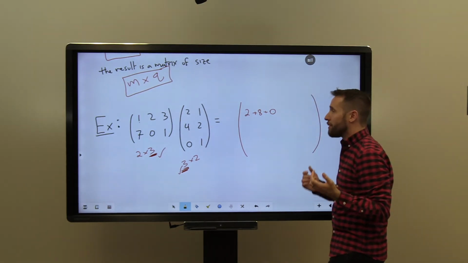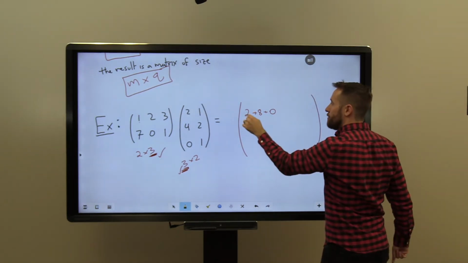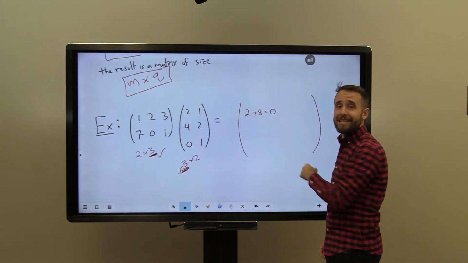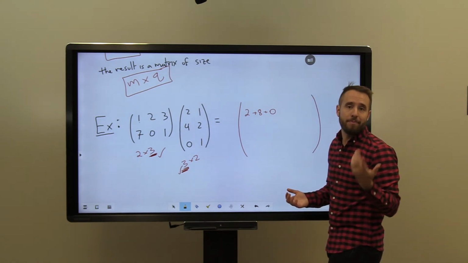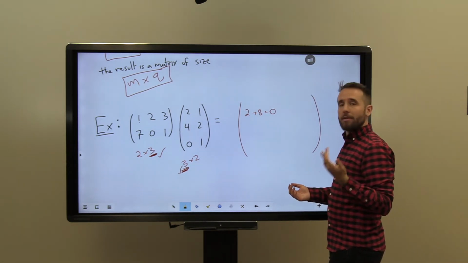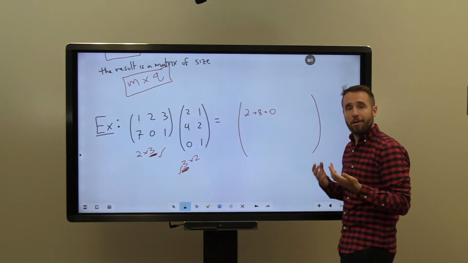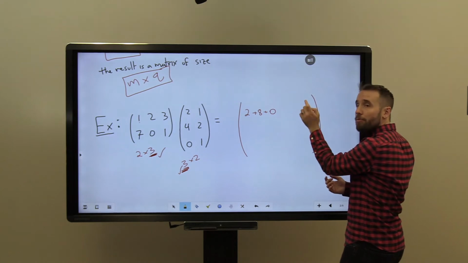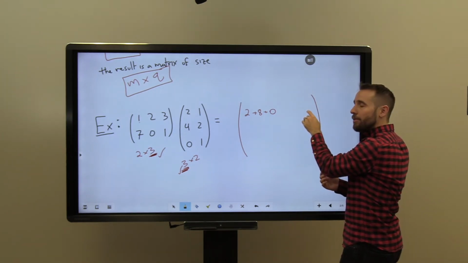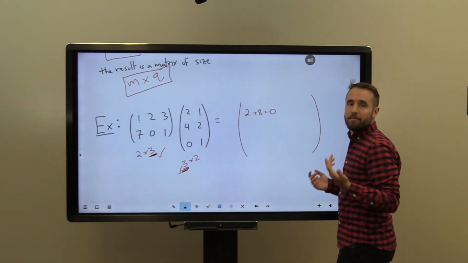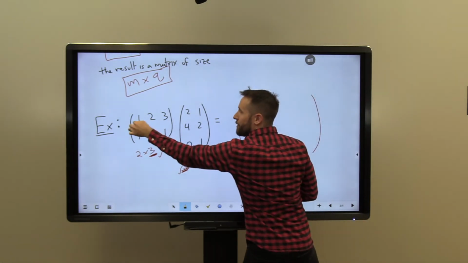And so this upper left entry becomes 2 plus 8 plus 0, and that ends up being 10. Right? We'll do the same thing to compute each of these other entries, and that's how we'll get all 4 of our entries.